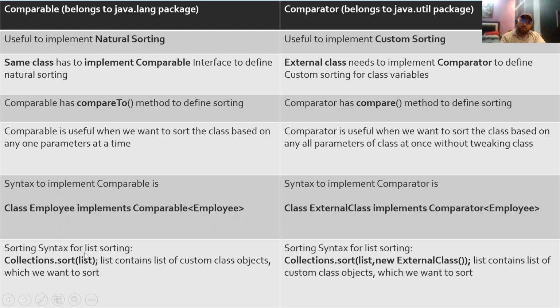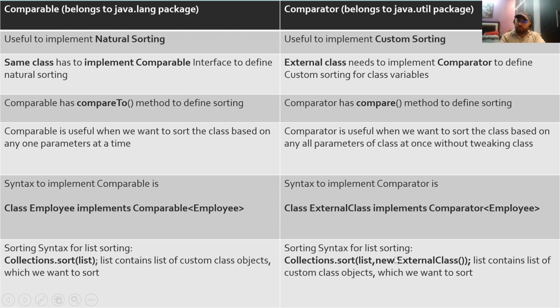The next thing is how to achieve the sorting. In order to achieve the sorting, we have one method, Collections.sort. In case we are implementing sorting based on Comparable, we can simply pass this particular list of employees, and this list contains custom class objects which we want to sort. So if we do it like this, Collections.sort(list), it will sort based on the sorting defined by this particular Comparable implementation.